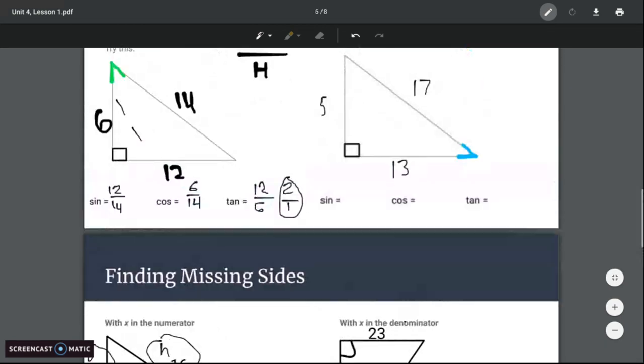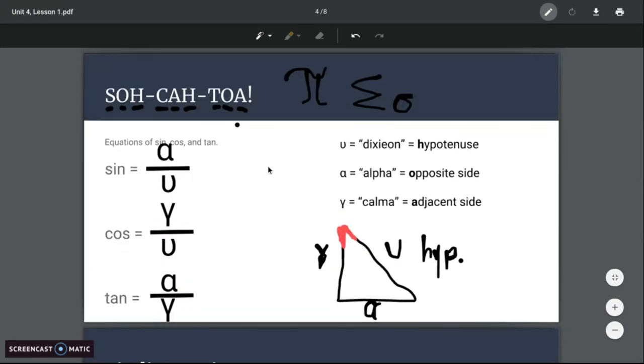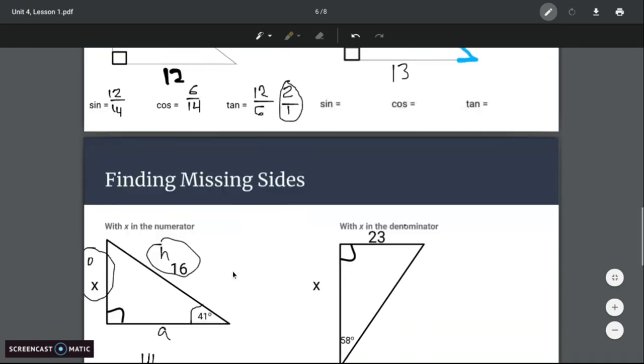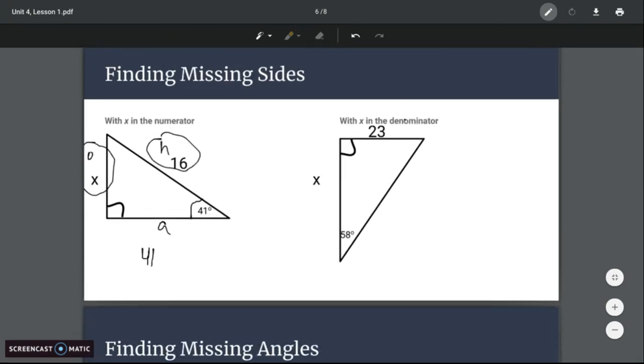And remember, we go back up to our Greek. The theta is going to be the same thing as the H. The alpha is going to be the same thing as the O, and the gamma is going to be the same thing as the A. So we know from SOHCAHTOA that SOH is going to be the thing, and the S is for sine.